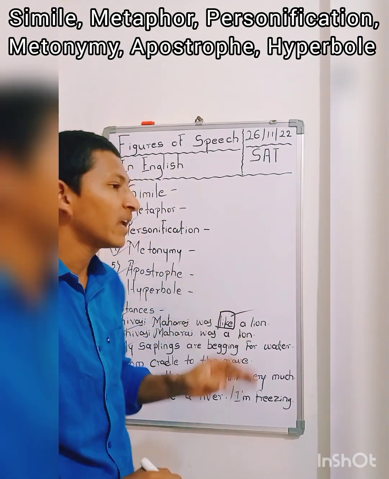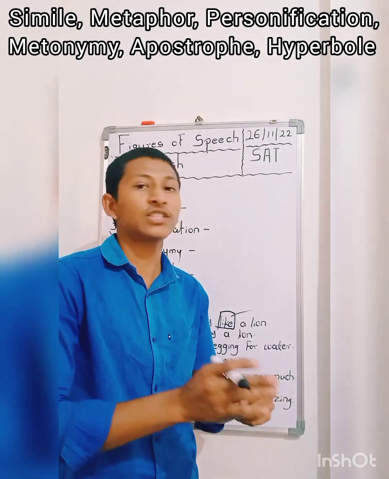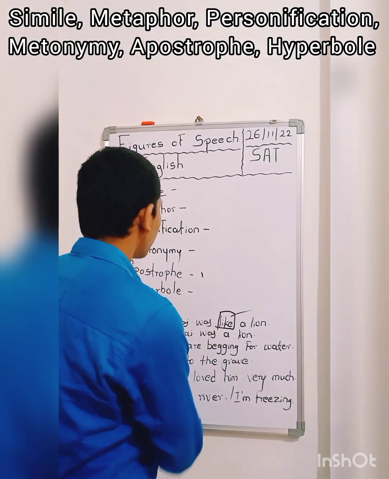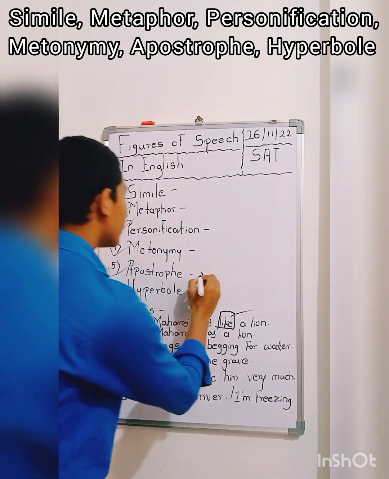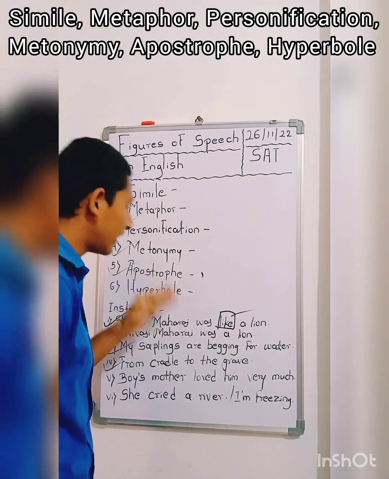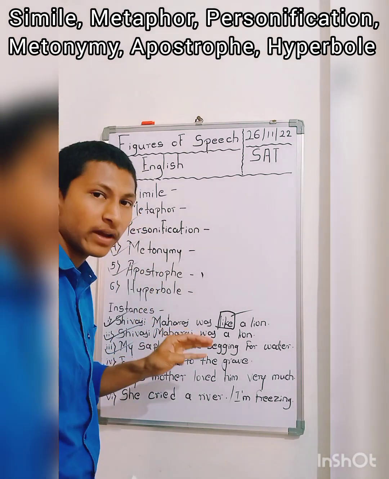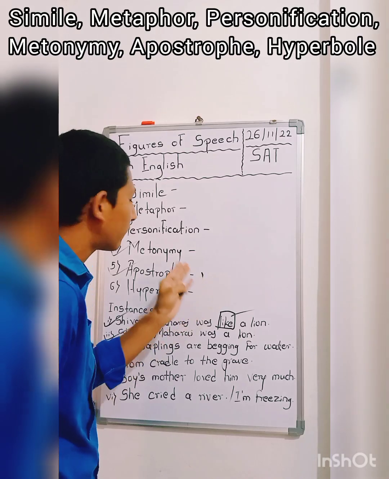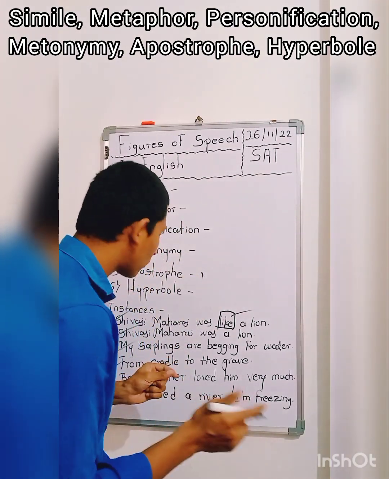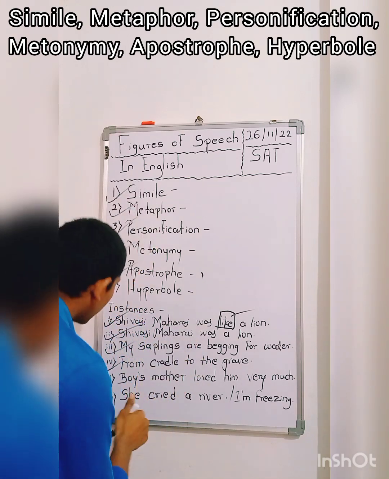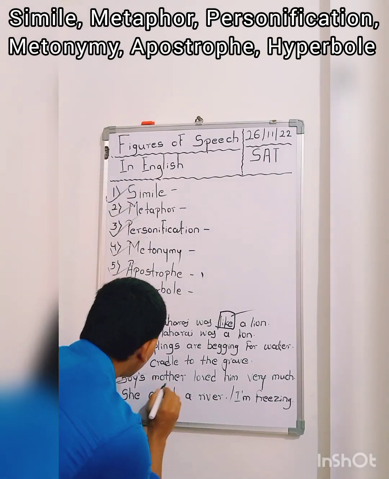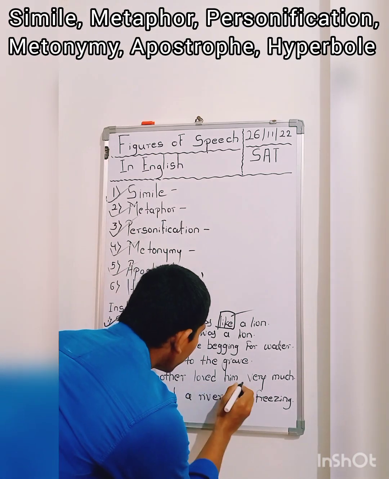Apostrophe also comes in English grammar as well. That is also a grammar rule, the single inverted comma. But the apostrophe here in figures of speech is a different one from the grammar apostrophe. Here you can pronounce it either way; both are suitable and both pronunciations are right. Boy's mother loved him very much.